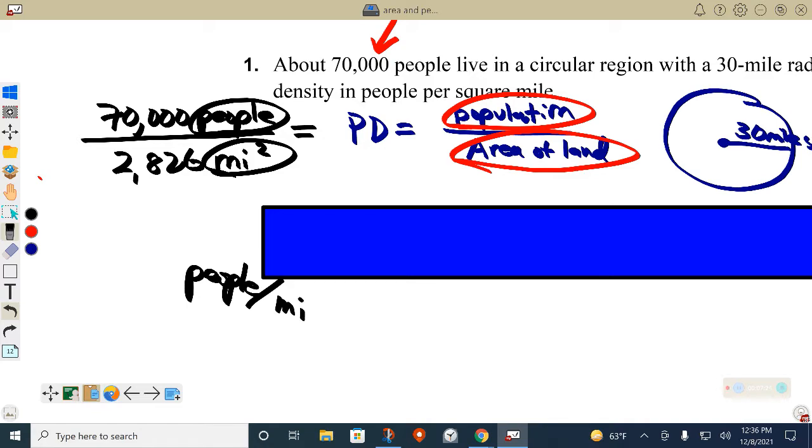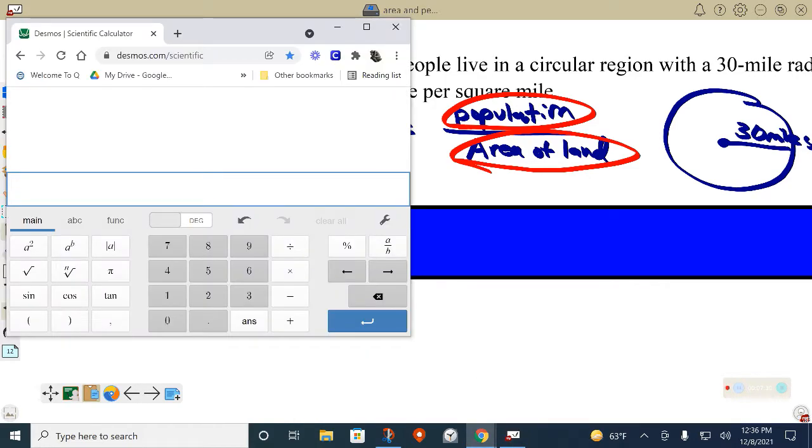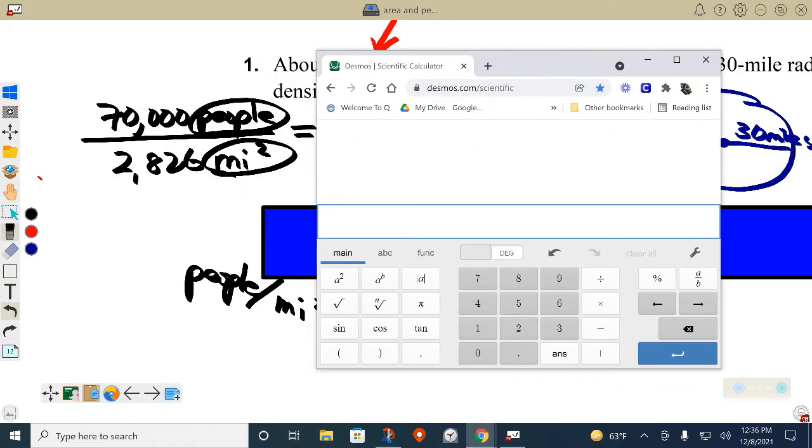So in the end, it's going to be people per square mile. A slash for every square mile. Let me do the division, watch. 70,000 divided by 2,826. There it goes. I'm going to round it to the nearest whole number because people are whole people. So it's going to be 25 people per square mile.